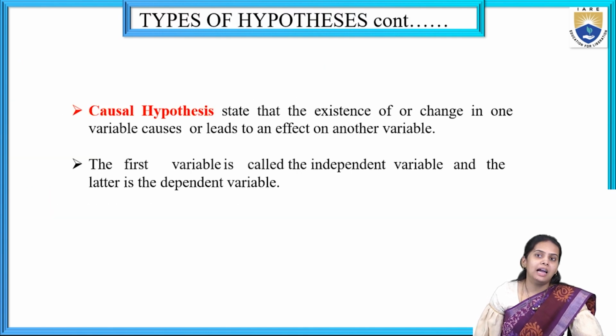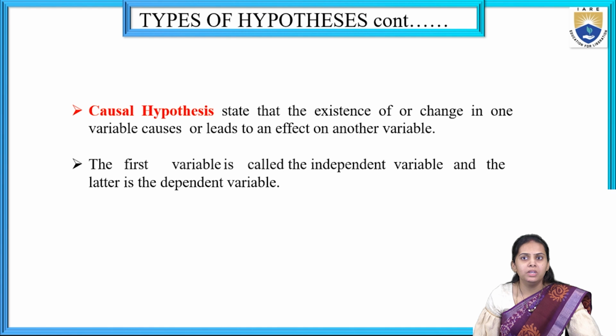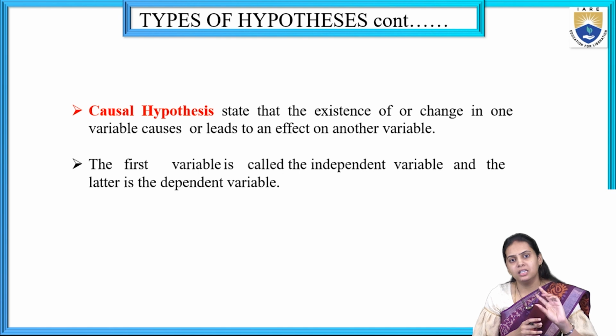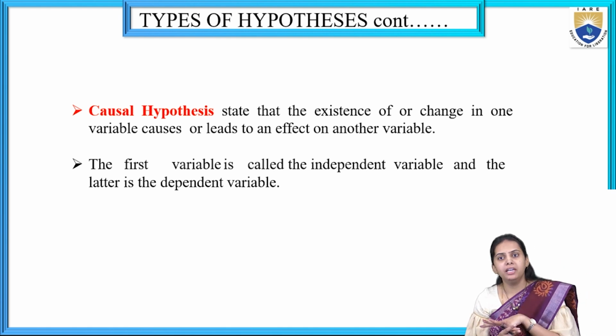And the other one is causal hypothesis, which states that the existence of a change in one variable causes an effect on the other variable. The first variable is called the independent variable, the other variable is called the dependent variable. The independent variable's existence changes affect the dependent variable.